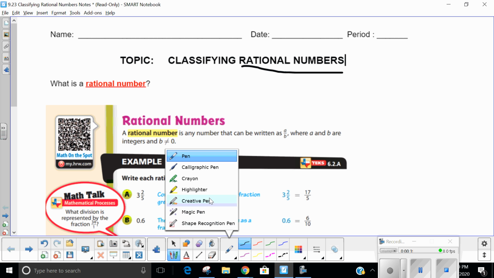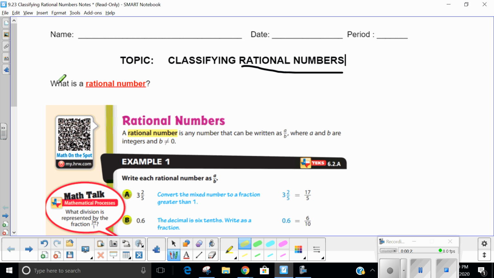A rational number is any number that can be written as A over B, where A and B are integers and B does not equal 0.